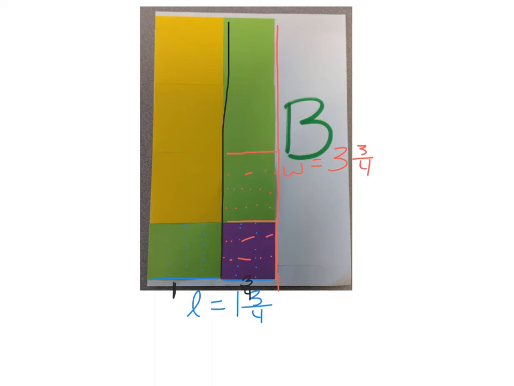And then I know that this top part is 3, and this lower part is 3/4. So I'm going to do that distributive property that we talked about. So to figure out this box, I need to do 1 times 3. Well, 1 times 3 is 3. 3 whole Post-its, 3 whole units.